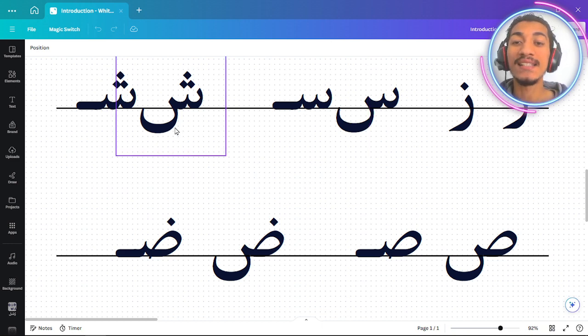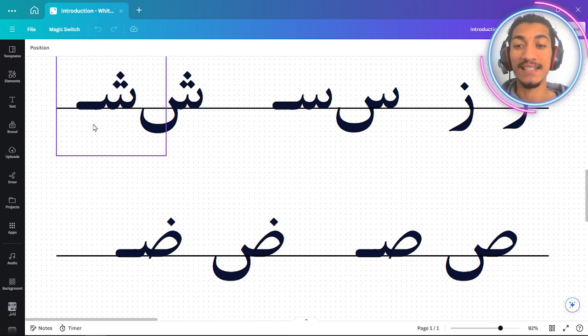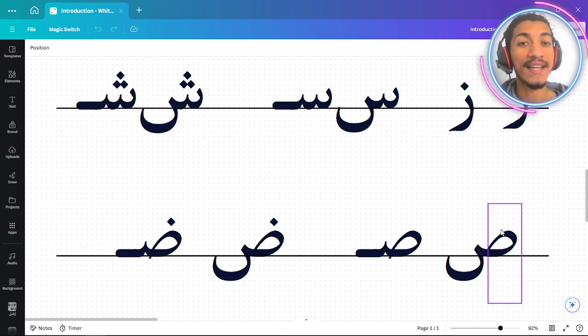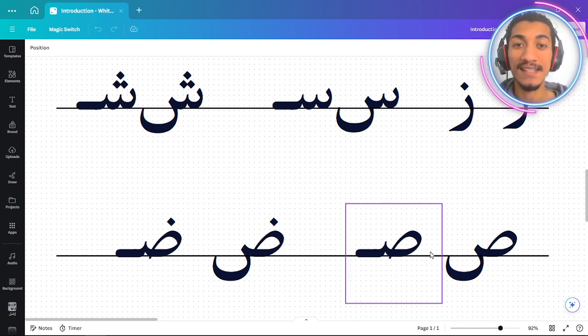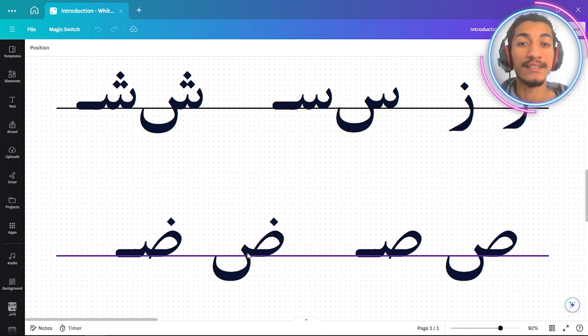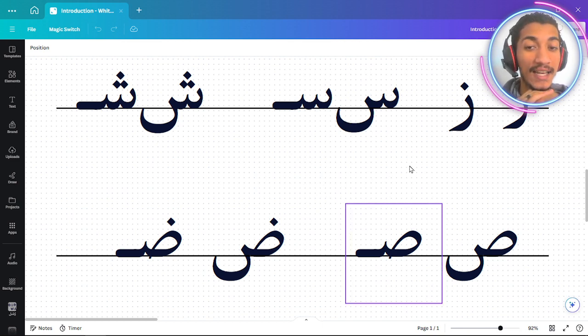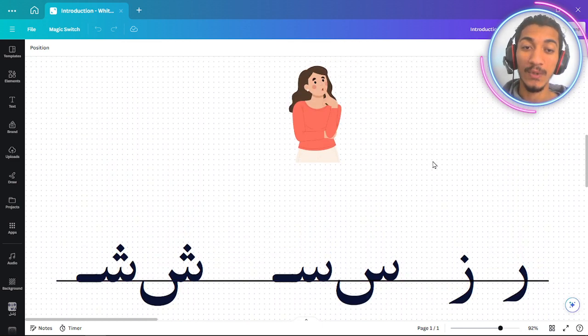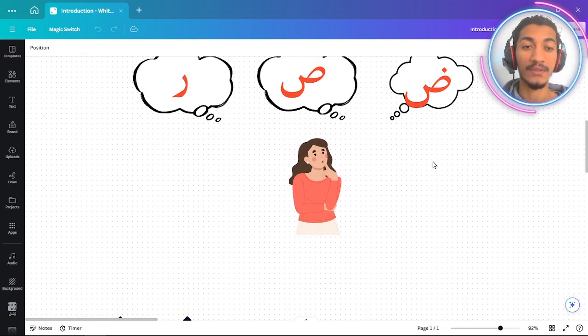And this one is sheen. Good job. Sheen. Yes, and its head too. This one is sod, and its head. And the last one is dod, and dod's head too. Those are the letters that we did today, six new letters, and I hope that you get it.